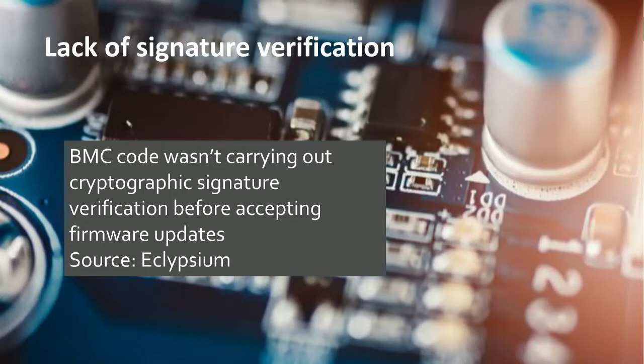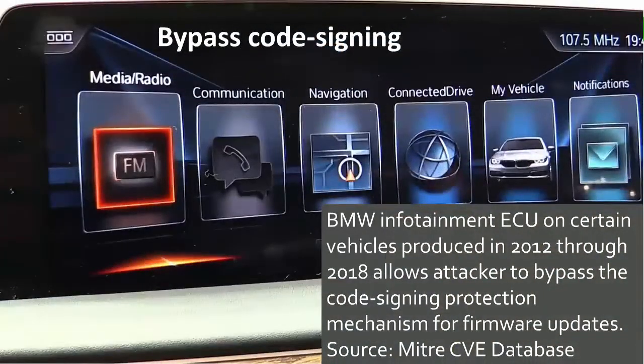I was doing a search on the MITRE CVE database, and it was amazing how many situations there are like this, where devices, including this, BMW's infotainment ECU on the vehicle from 2012 to 2018 on a number of their vehicles.